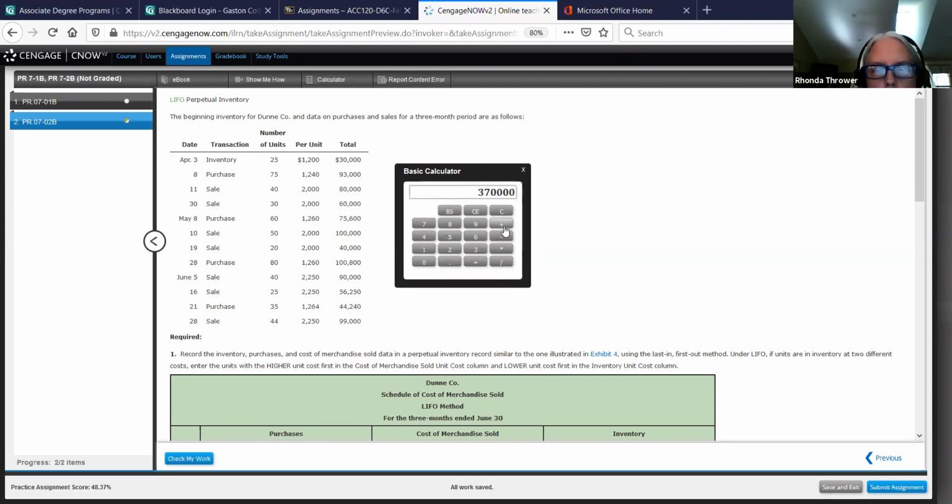And then we're going to add to it our sale on June 16th, which was 56,250. Then we're going to add to it our last sale, which was 99,000.